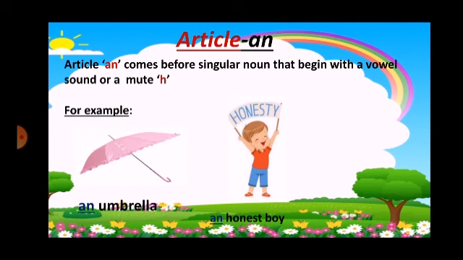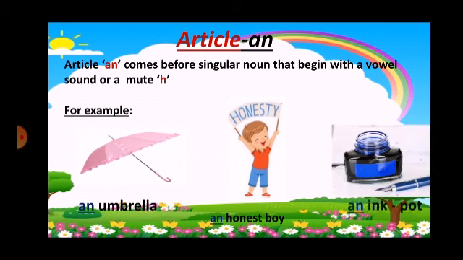So, for honest, we used article AN. An ink pot. Here, the word ink begins with the vowel sound I, so we used article AN.